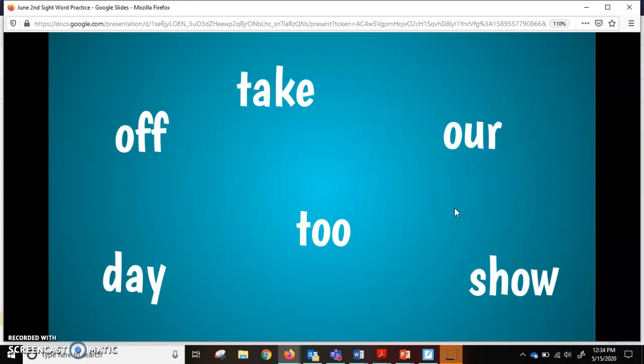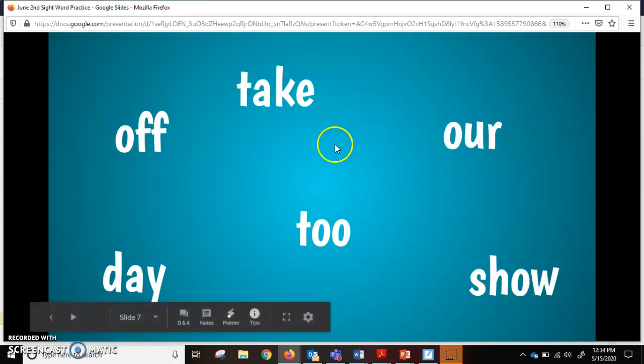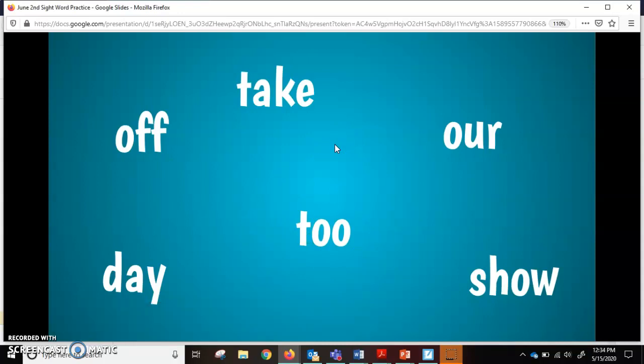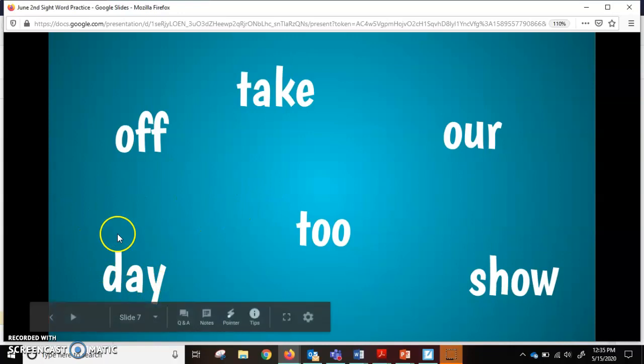Can you find the word to? Here's the word to. How about the word off? Here it is. Off. Try the word day. Here's the word day.